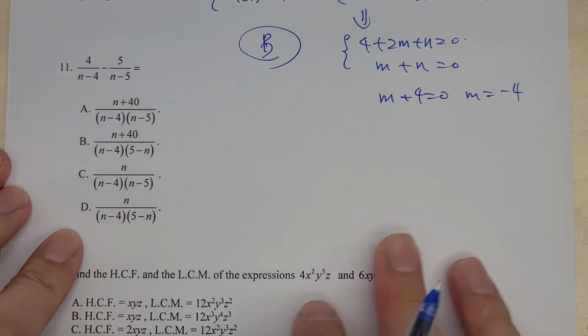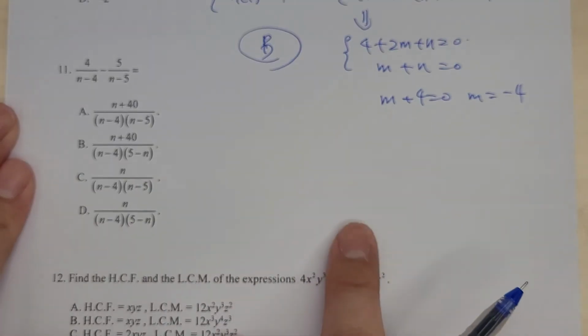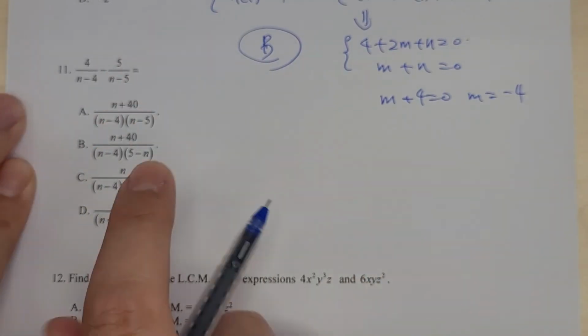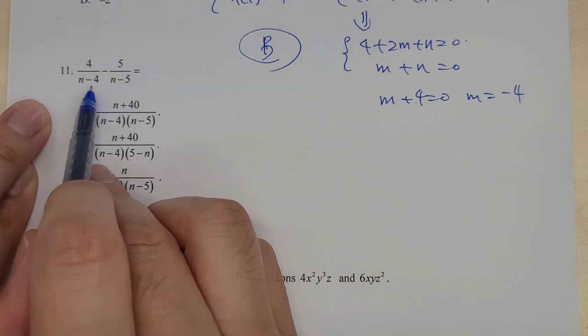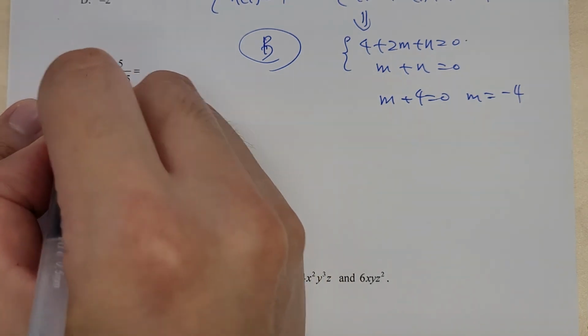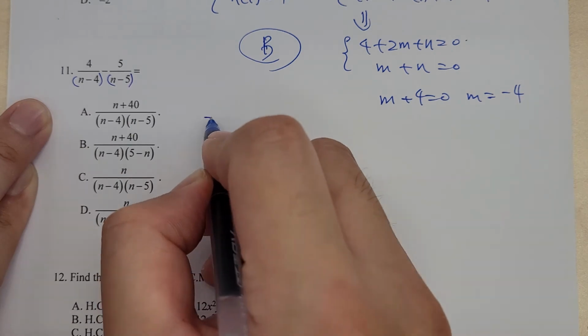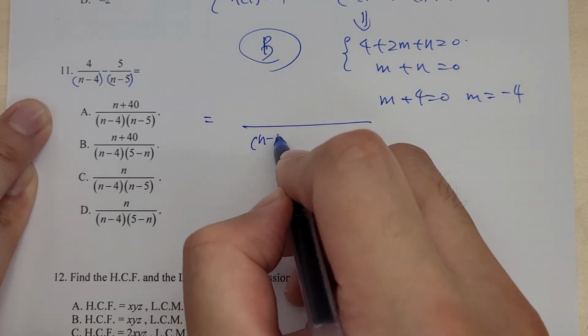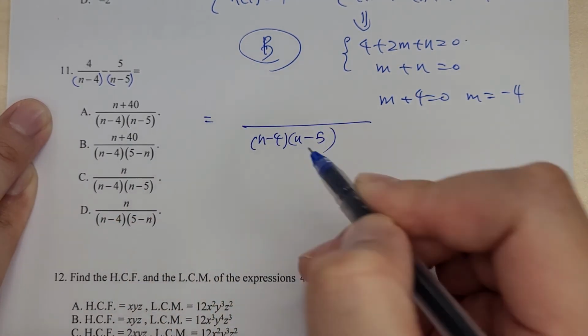And go to question number 11. You need to simplify the expression. First of all, when you find that there's more than one term inside the denominator, add a bracket to it. And then find the LCM, that's n minus 4 times n minus 5.